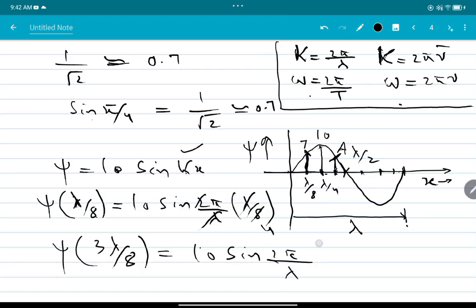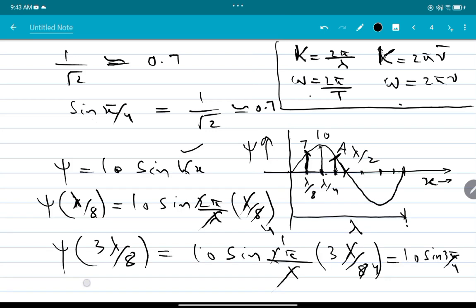Now the position x is 3 lambda by 8. Lambda cancels. You get 2 ones are 2, 2 fours are 8. So you have 10 sine 3 pi by 4.